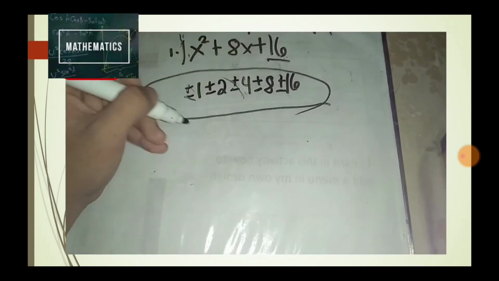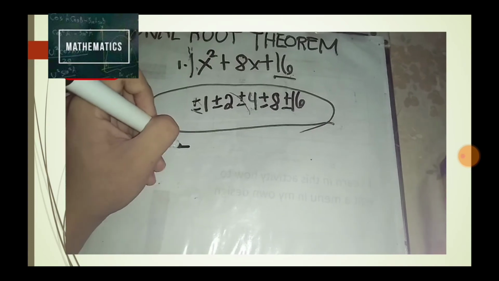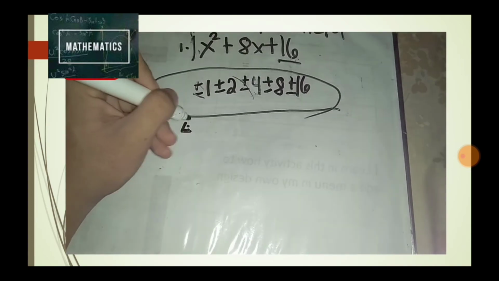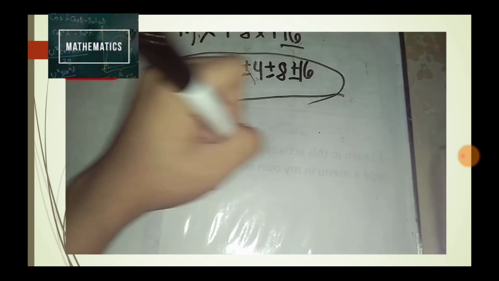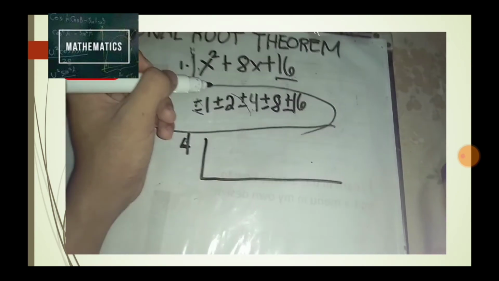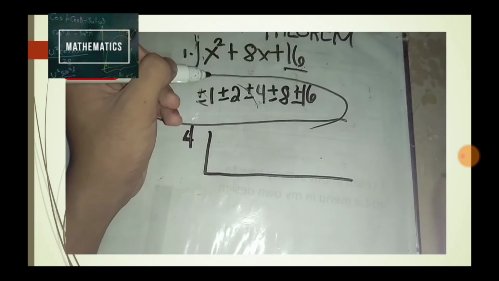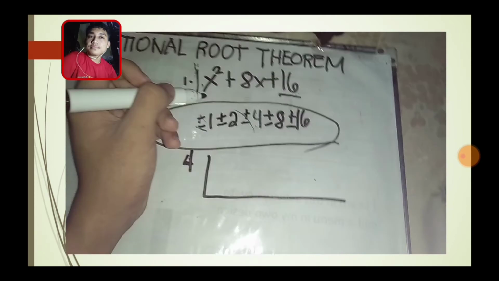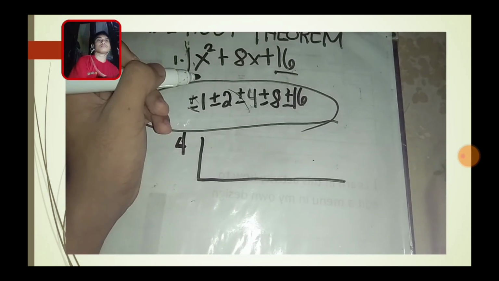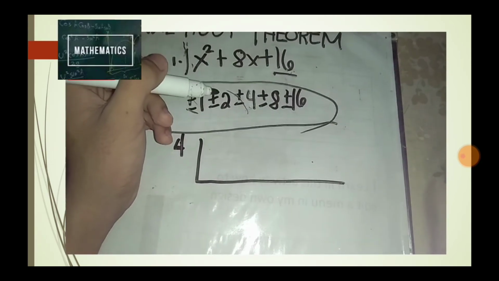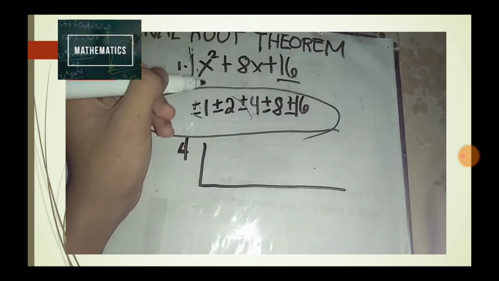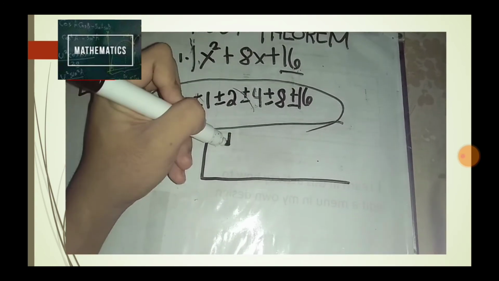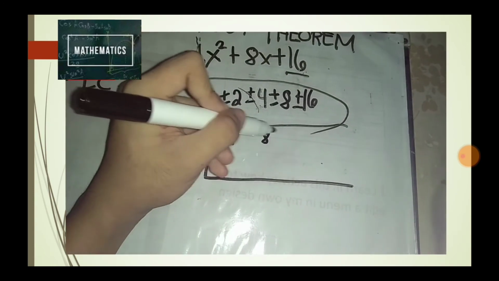Let us try positive 4. We use synthetic division. Our target here is to make the remainder 0. We use the coefficients 1, 8, and 16.